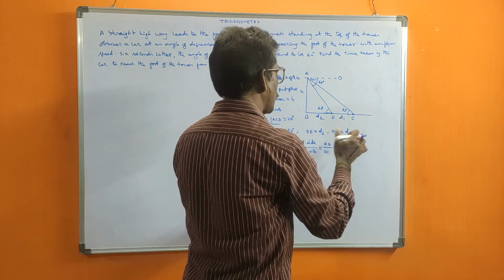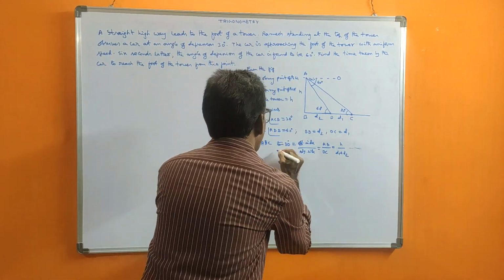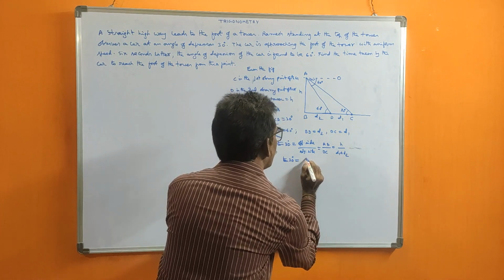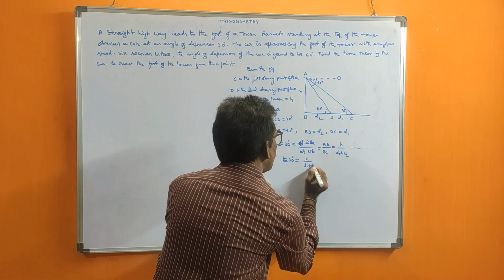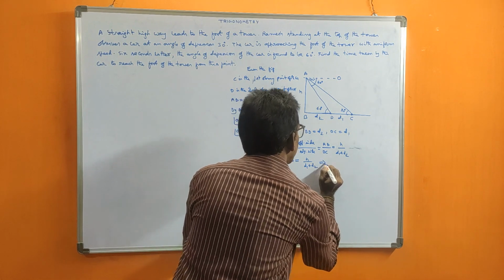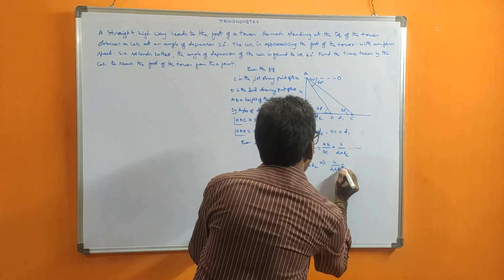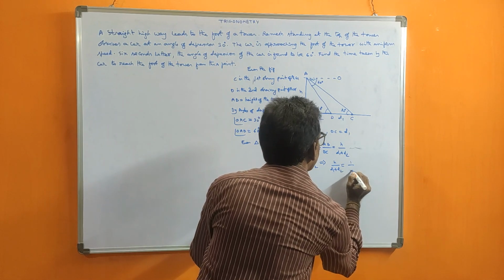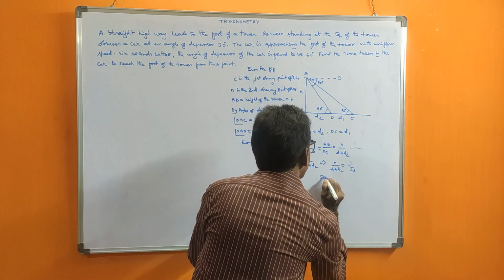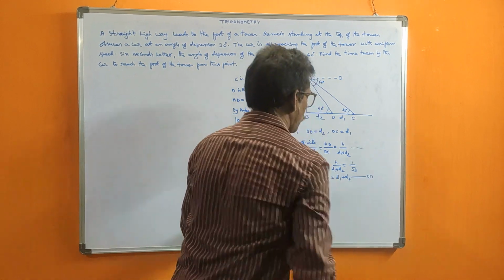Now we substitute the value of tan 30, which is 1 by root 3. So H by D1 plus D2 is equal to 1 by root 3. Cross multiplying, root 3 H is equal to D1 plus D2.